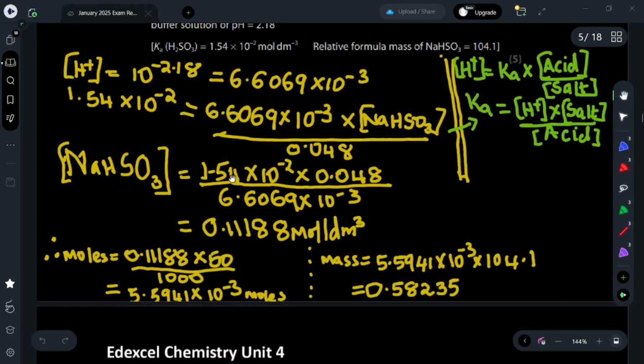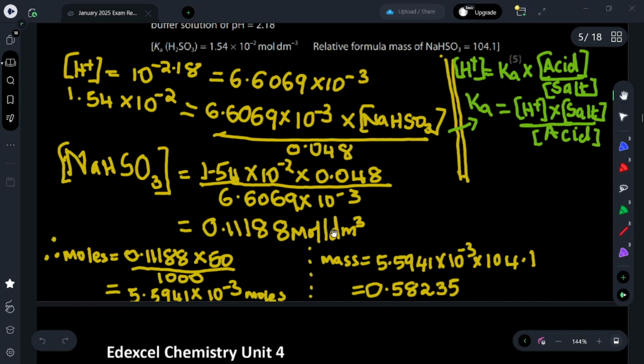We have 1.54 × 10⁻², which was our Ka, times the concentration of the acid, 0.048, divided by the concentration of the hydrogen ions, 6.6069 × 10⁻³. This is going to give us 0.11188 moles per dm³.